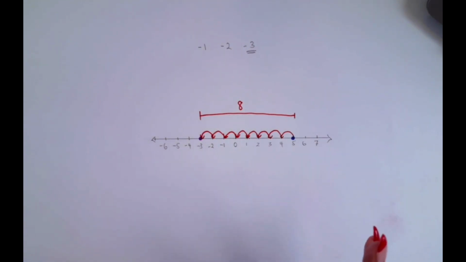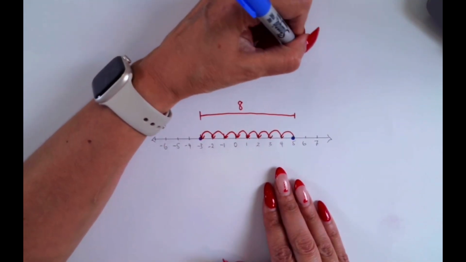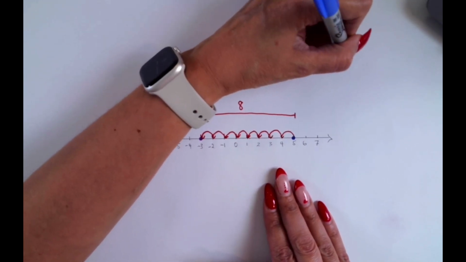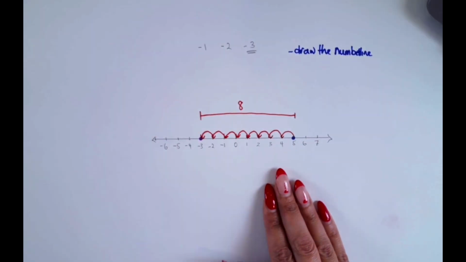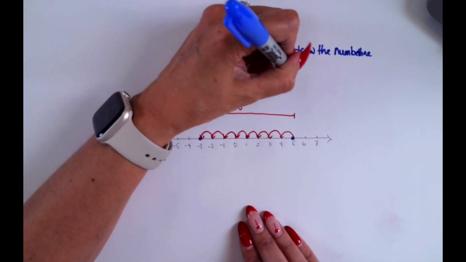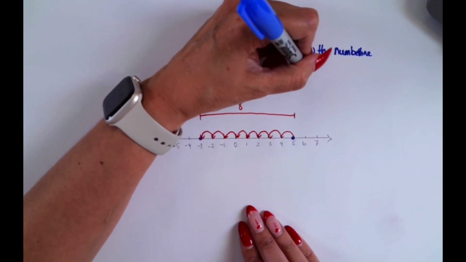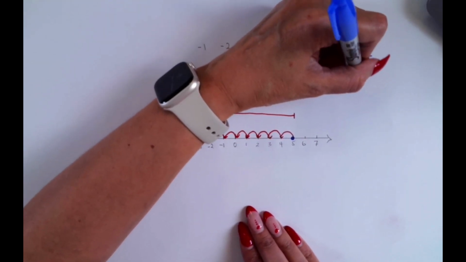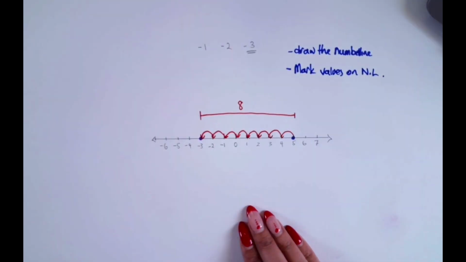Those are the main learnings. Whenever you're starting integers, you really want them to look at the number line and practice those values on the number line. You want them to do a few things. First, draw the number line. Then mark values on the number line.